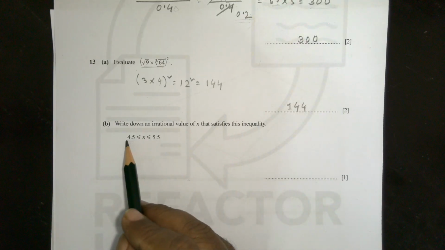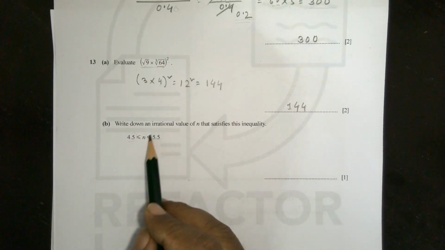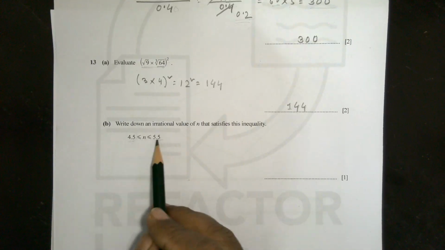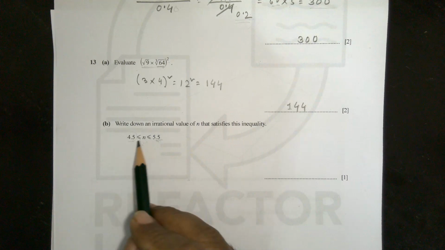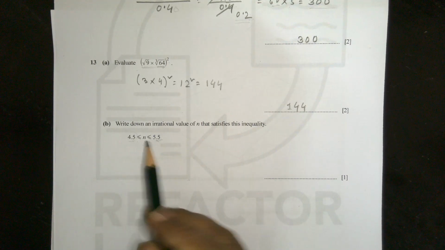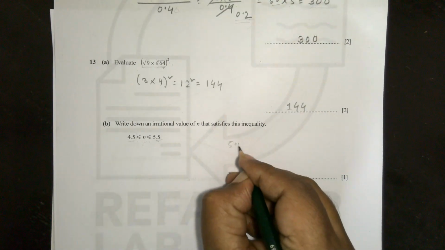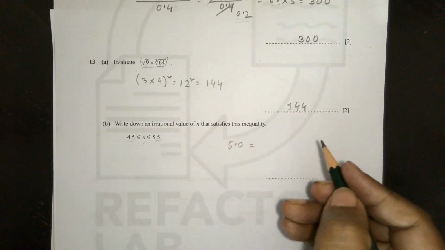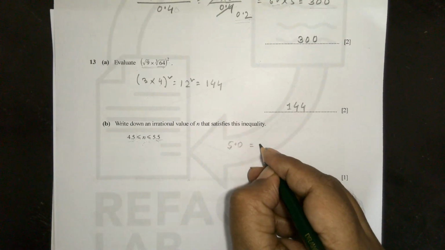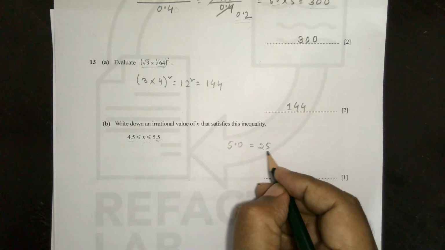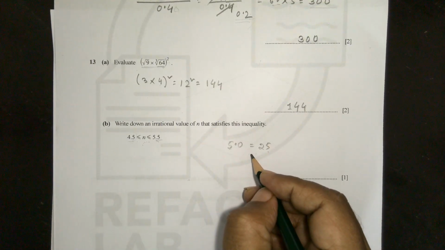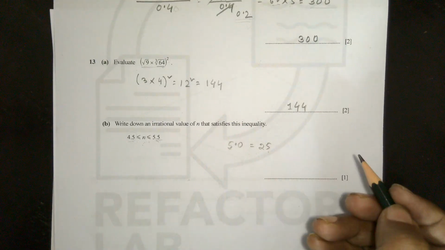But doing both 45 squared or 55 squared without the calculator is a bit time consuming. What is actually in the middle of them? 5.0. If you square it, what is the result? 25. So it can come down one integer less or one integer more, doesn't matter.